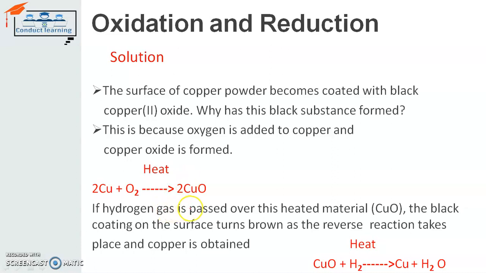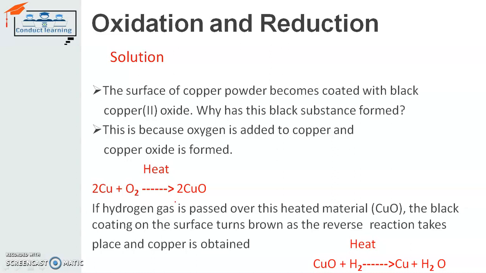Now, if the reaction is reversed, what will happen? Let's see. If hydrogen gas is passed over the heated copper oxide, the black coating on the surface of the copper turns brown.